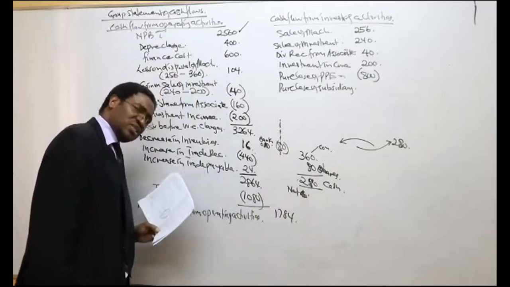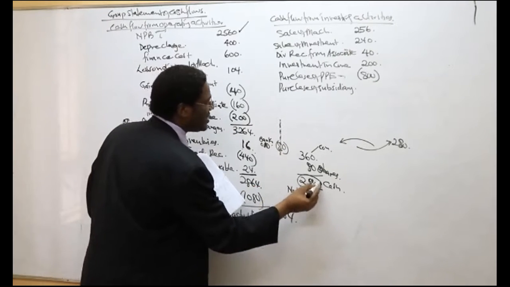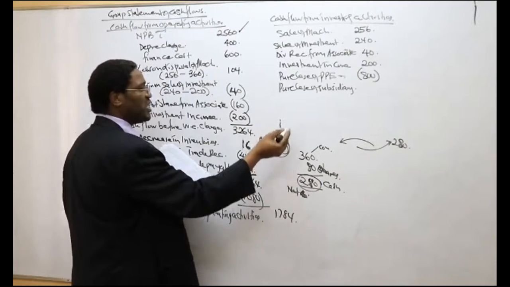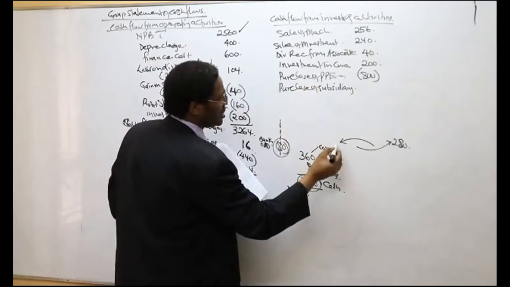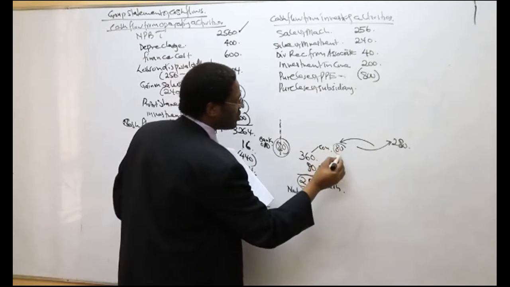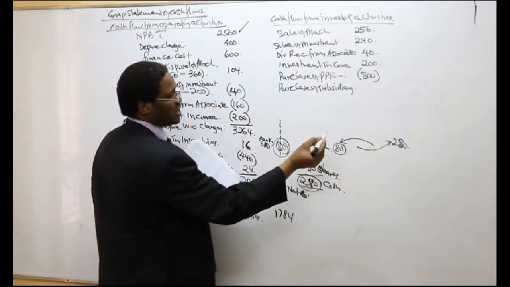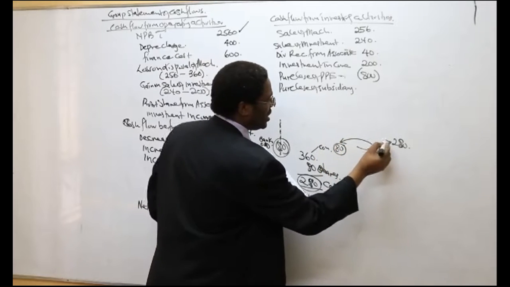So to buy this subsidiary company, yes, we paid them 280 million, but they gave us an overdraft of 80 million. So we said you take what came in, minus what went out. What came in is an overdraft of 80 million, but what we paid out is 280 million.